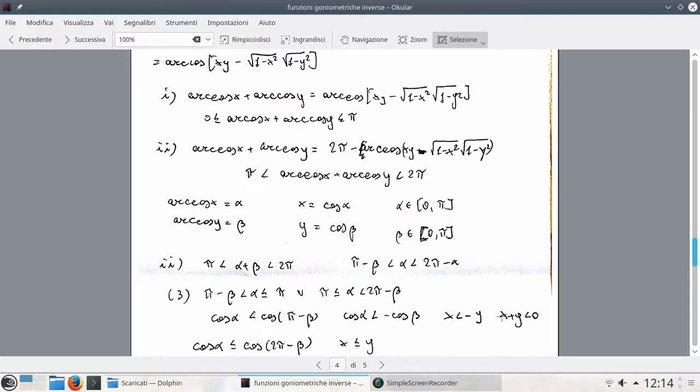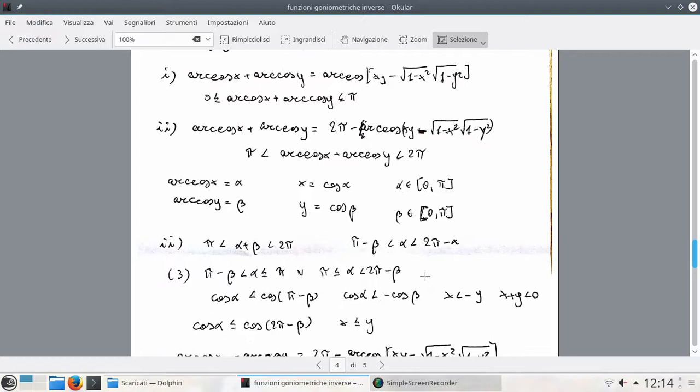So finally we have x plus y less than 0, x plus y negative. From the other part of the relation, we can infer that x not greater than y, and changing the role of alpha and beta, we have the symmetric relation. It is not important for our considerations.